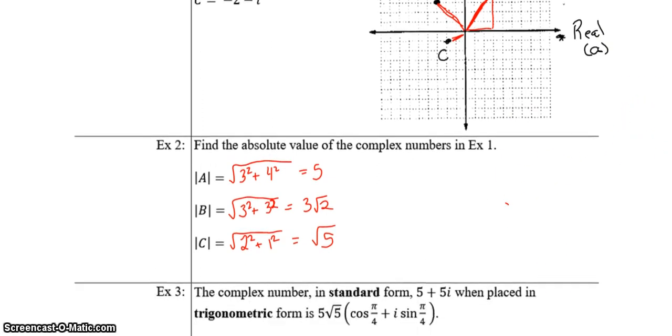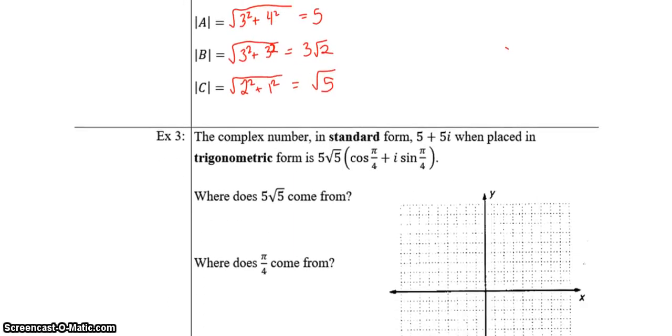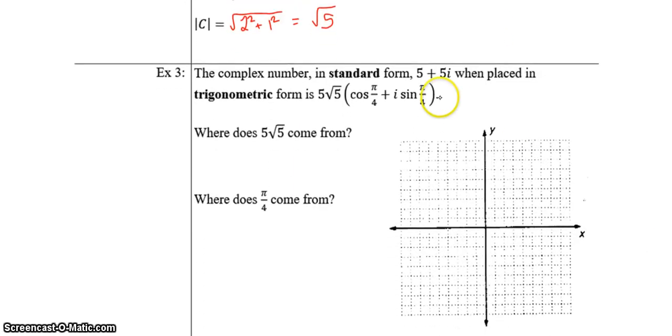So now, the complex number 5 plus 5i in trig form is this. 5 square roots of 2. You got me there. Cosine pi over 4 plus i sine pi over 4.